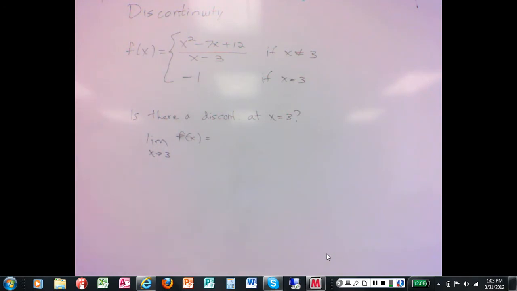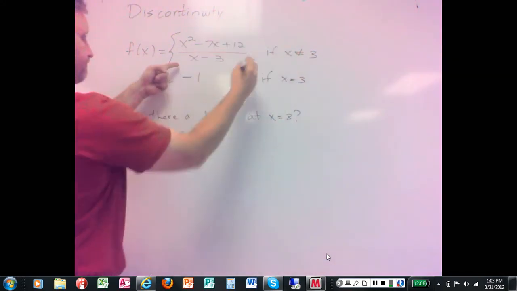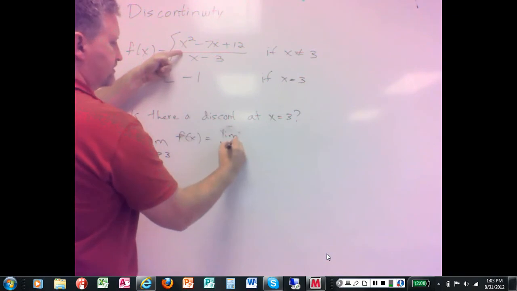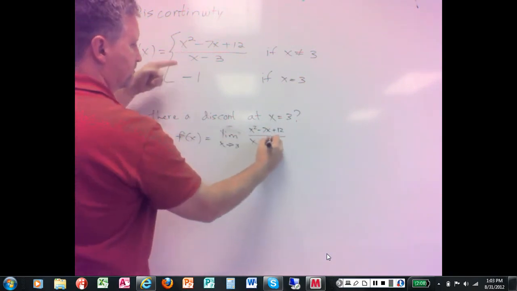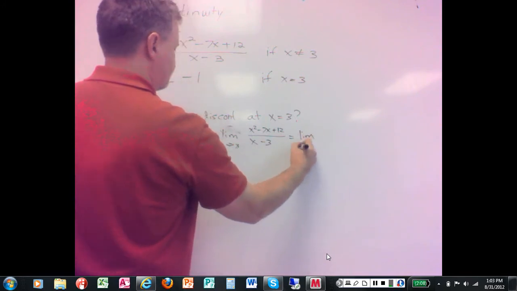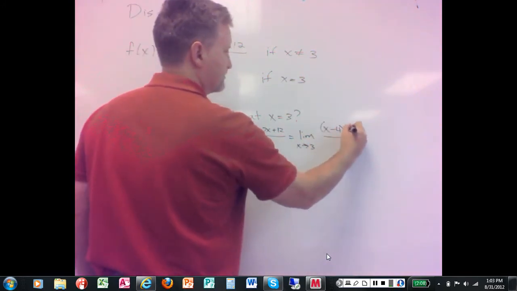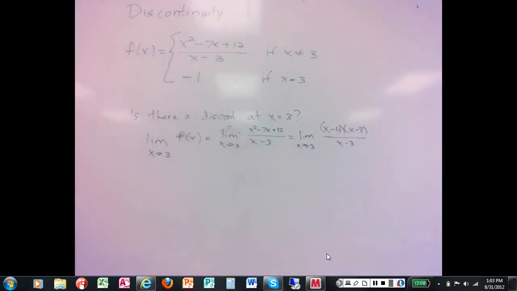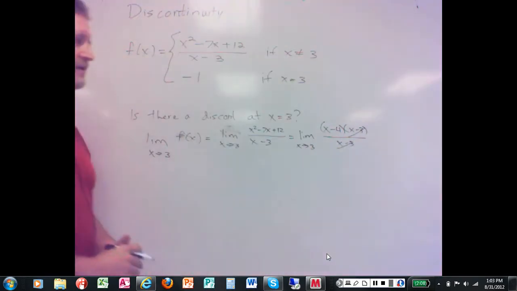Since I'm approaching 3, I'm using this, so it'd be the limit as x approaches 3 of x squared minus 7x plus 12 divided by x minus 3, which I can do just by a little bit of factoring. x minus 4 times x minus 3 over x minus 3. x squared minus 7x plus 12 factors that way. Take out the x minus 3's. What's left?